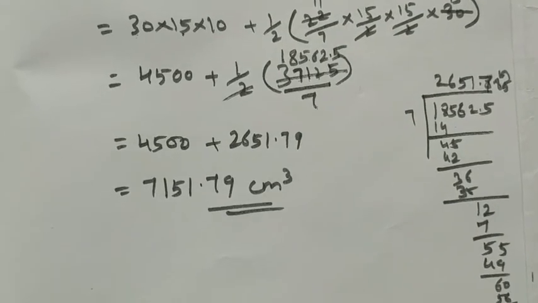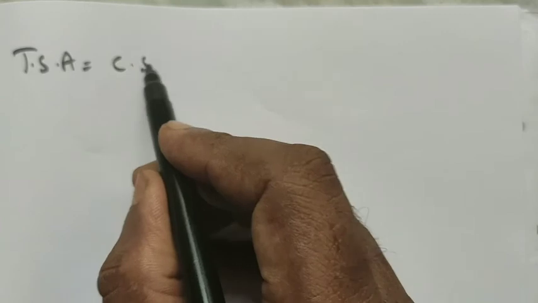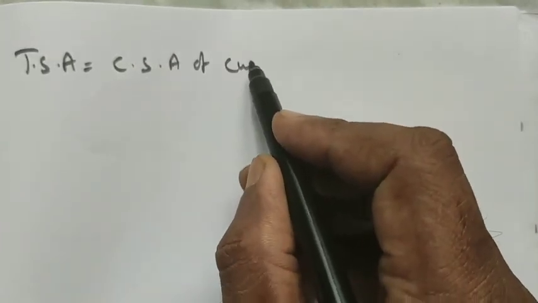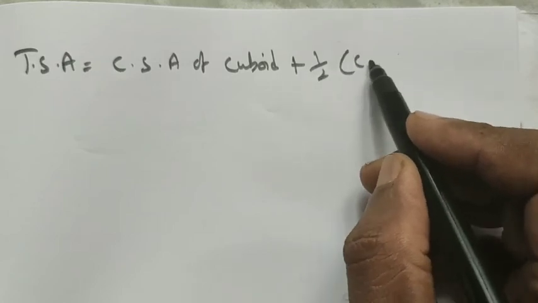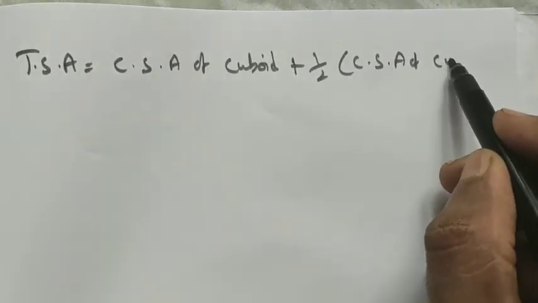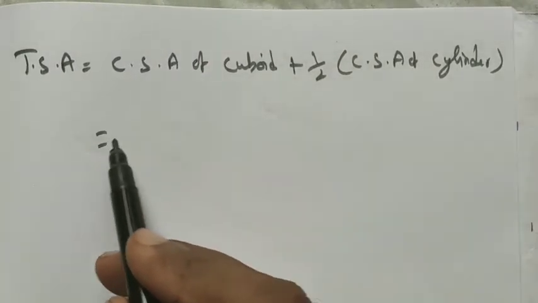Now we want to find out the total surface area. The total surface area means the curved surface area of the cuboid plus half of the curved surface area of the cylinder. That is the formula, right?